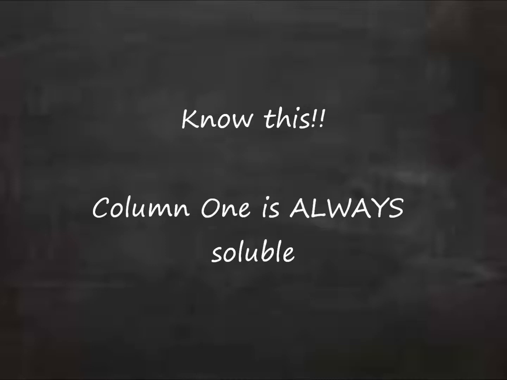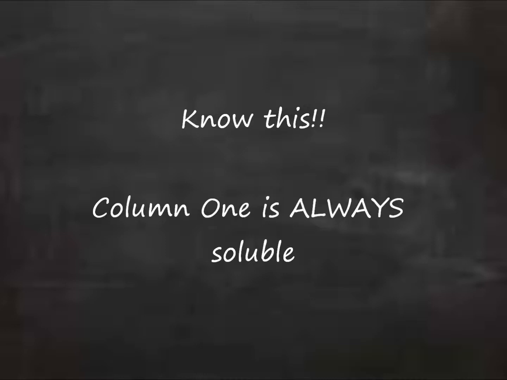The reason that we know that this is going to separate is because we have a list of our solubility rules, which are going to become very important in AP Chemistry. Probably the most important rule, if you want to know one of your solubility rules, is that anything that's in column 1 of your periodic table, which are your alkali metals, is going to be soluble.